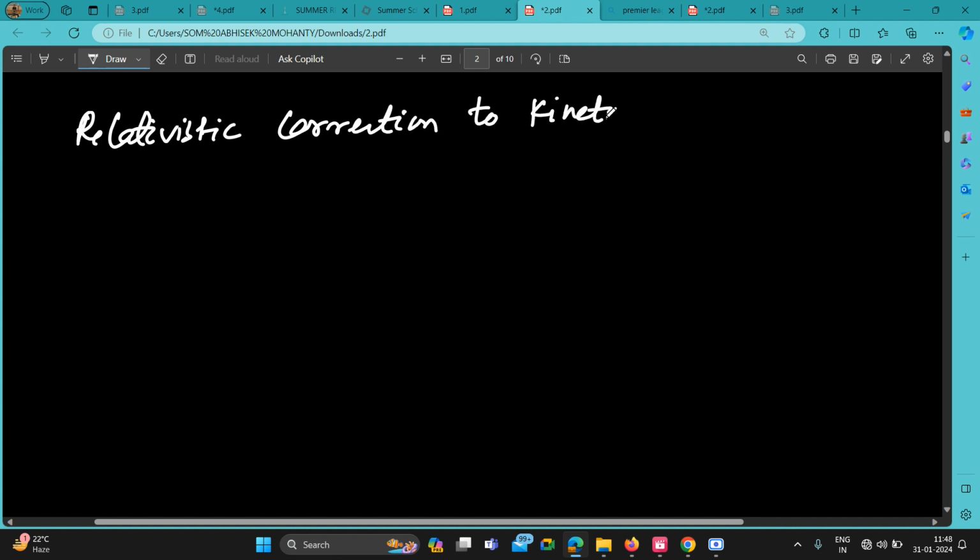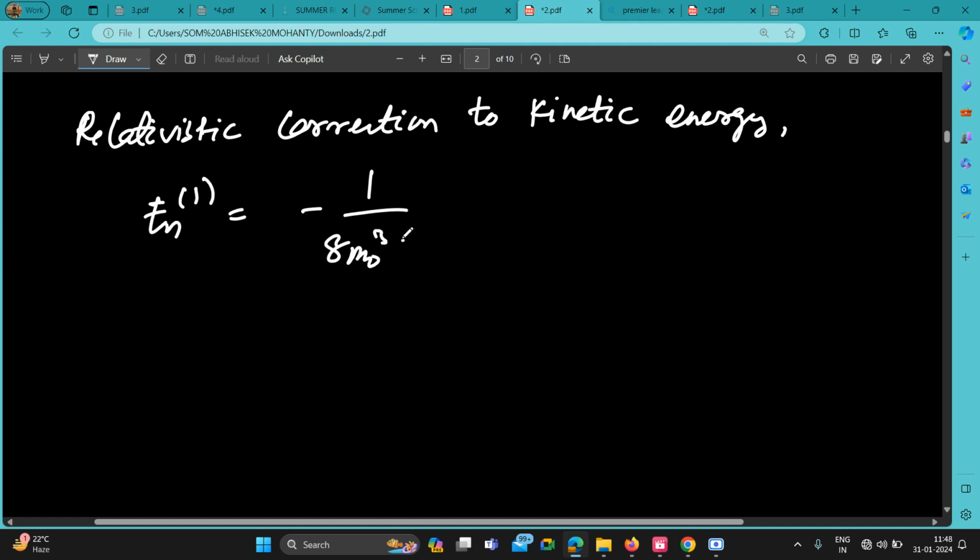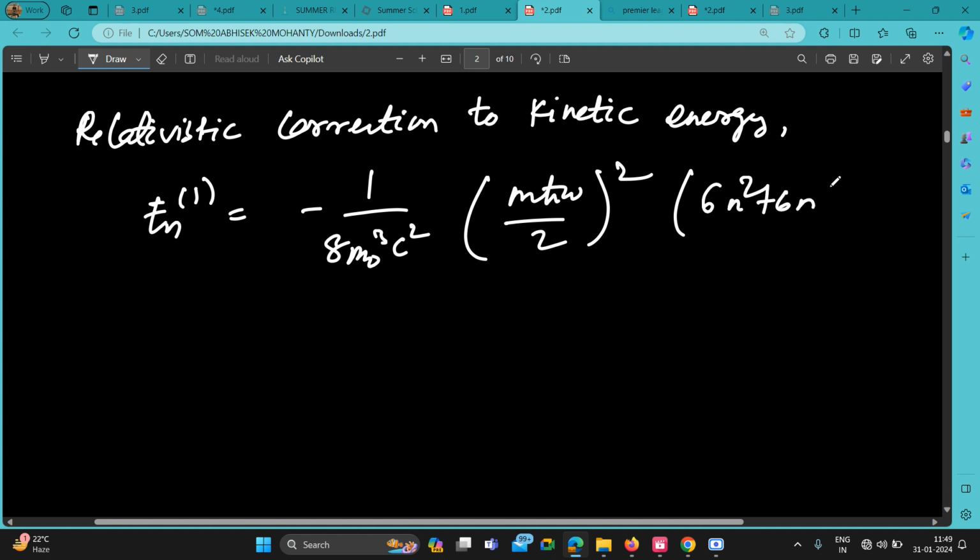The relativistic correction to kinetic energy is E_n^(1) equal to minus 1 by 8 m naught c squared times (m h squared omega by 2) whole squared times (6n squared plus 6n plus 2).